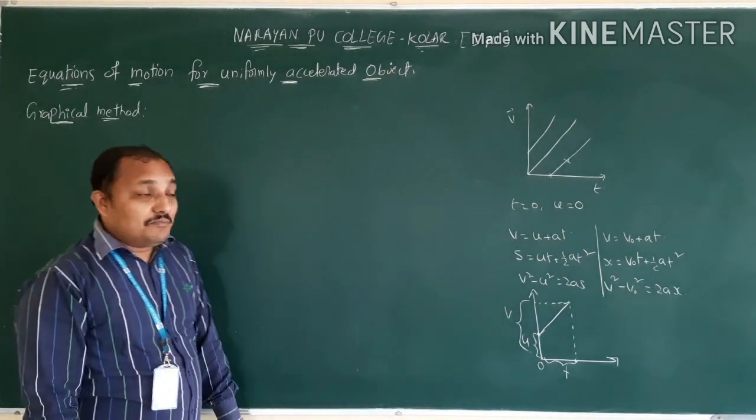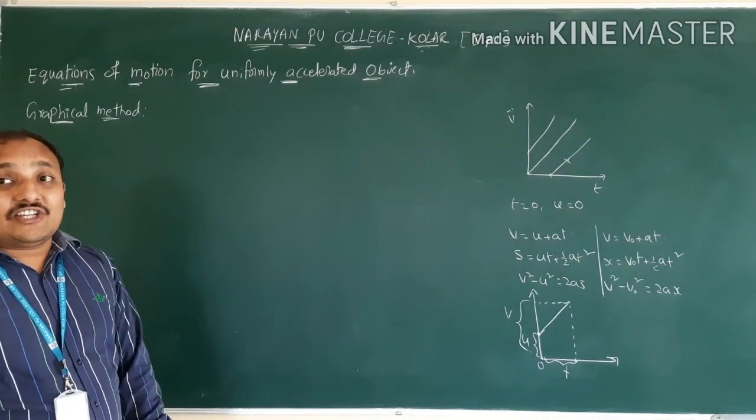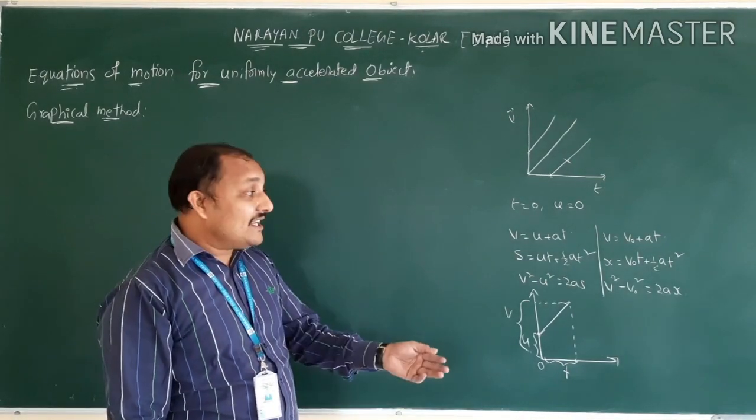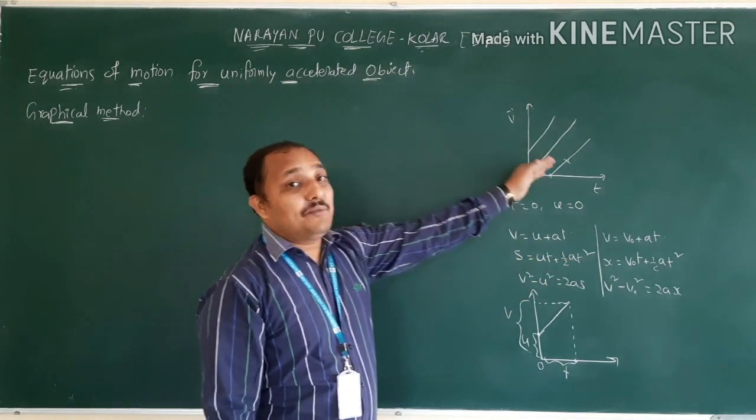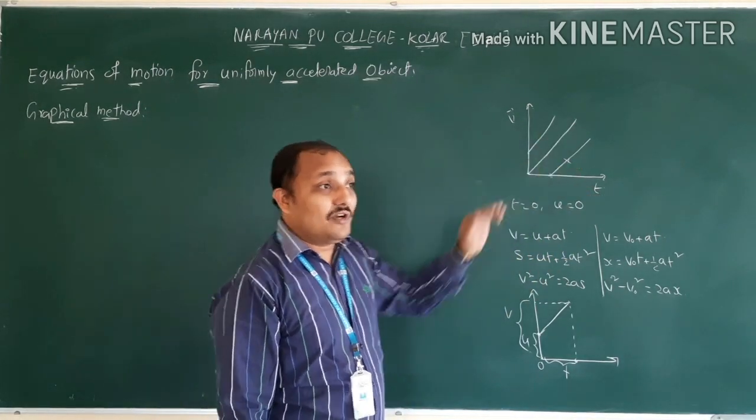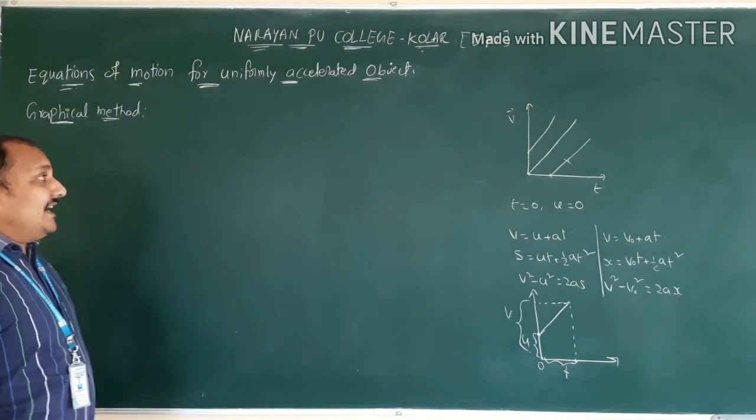If the object is moving with uniform acceleration a, the velocity time graph is given as shown in the diagram.